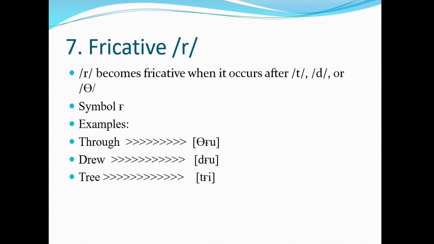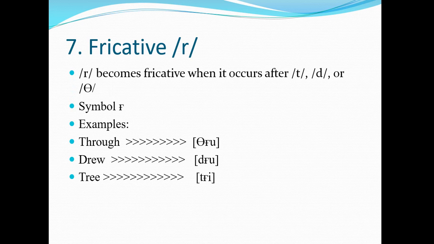And here we have some exercises. But people, please remember the sounds. You need to remember what is the condition, what are the requirements, okay? It says clearly, R becomes fricative when it occurs after the sounds or the phonemes t, d, and f. Remember that. If these conditions are not fulfilled, then you cannot apply that rule.